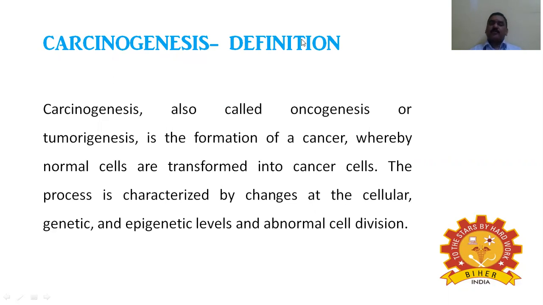Carcinogenesis, also called oncogenesis or tumorigenesis, is the formation of a cancer whereby the normal cells are transformed into cancer. The process is characterized by changes at the cellular, genetic, and epigenetic levels and abnormal cell division.